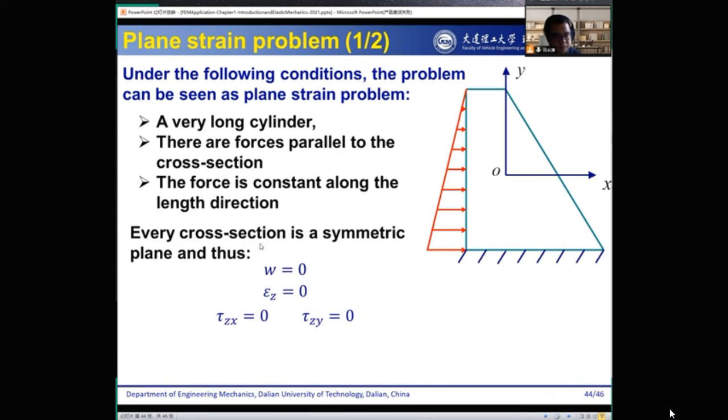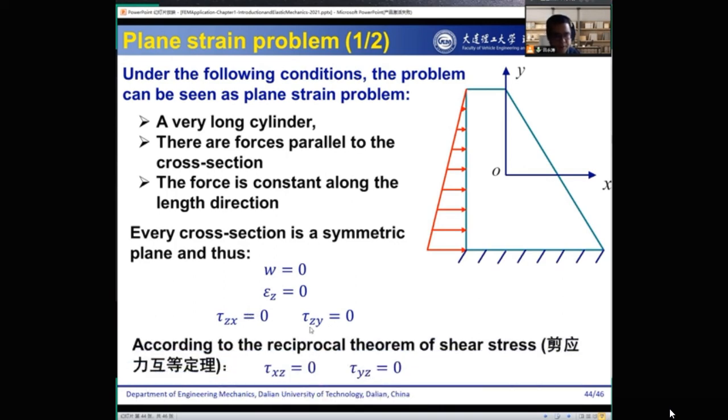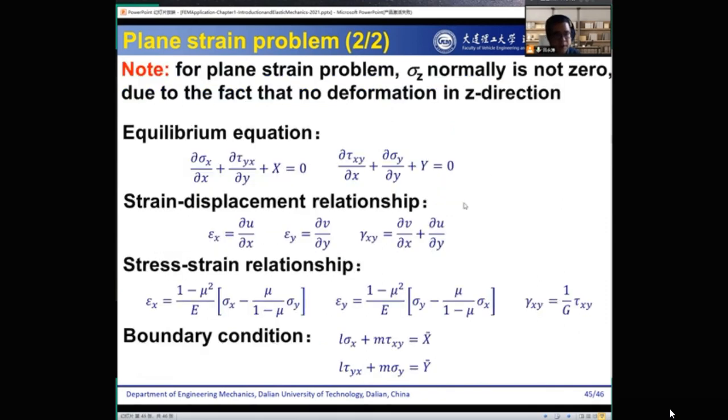Because the cross section is symmetric, the strain in the z direction equals 0, and the associated shear stress is also 0. Again, for plane strain problems, the stress in the z direction is normally not 0, because there's no deformation in the z direction.